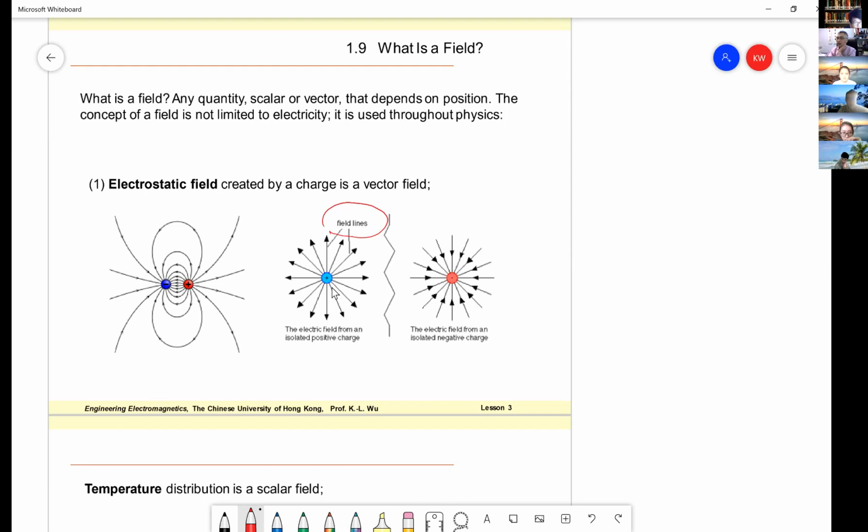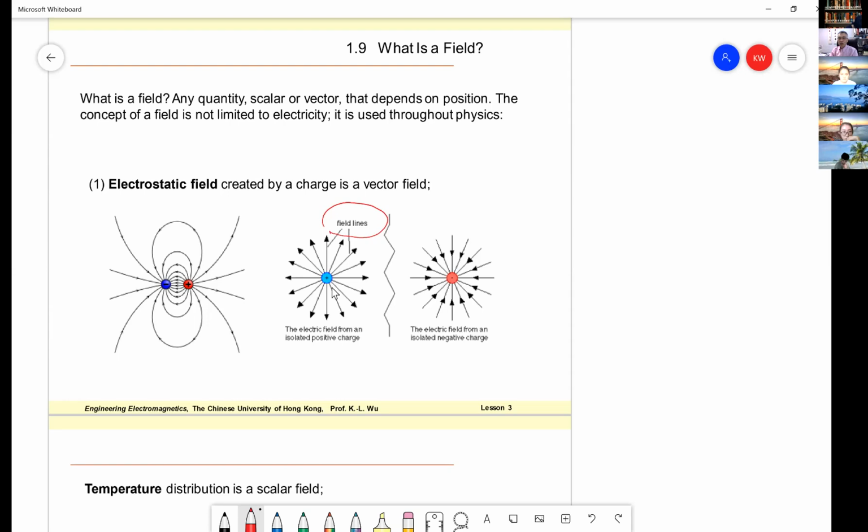Similarly, for a negative charge, the electric field ends at the negative charge, coming from the positive charge. But in this case, we don't know where the positive charge is; we also assume it is at infinity, uniformly distributed.